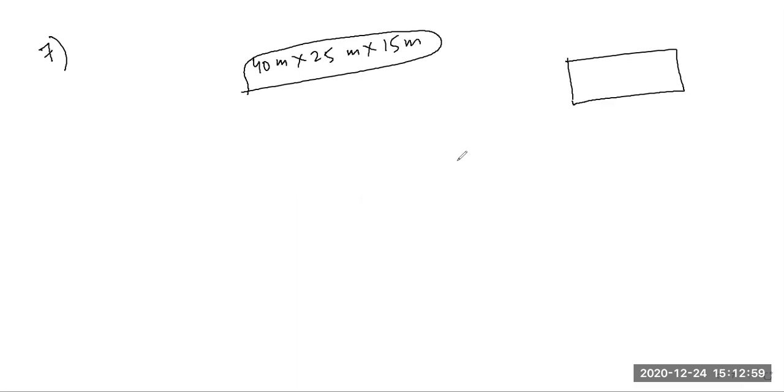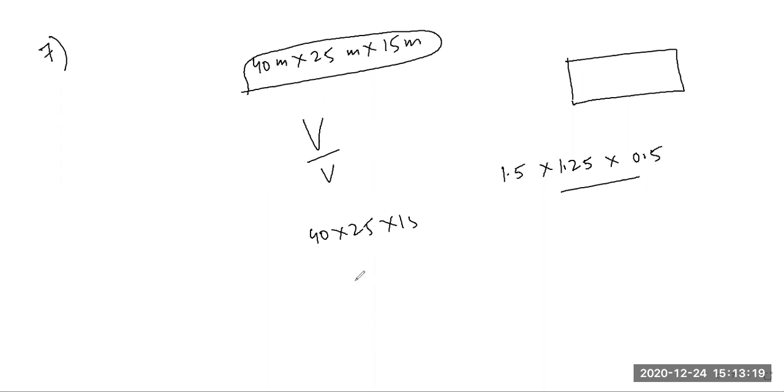Maximum number of wooden crates, each measuring 1.5 into 1.25 into 0.5, can be stored in the godown. So total volume divided by volume of one crate will be the number of crates. So simply 40 into 25 into 15 divided by 1.5 into 1.25 into 0.5 will be the answer.